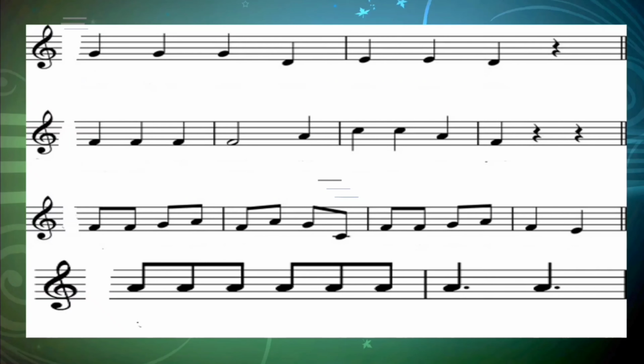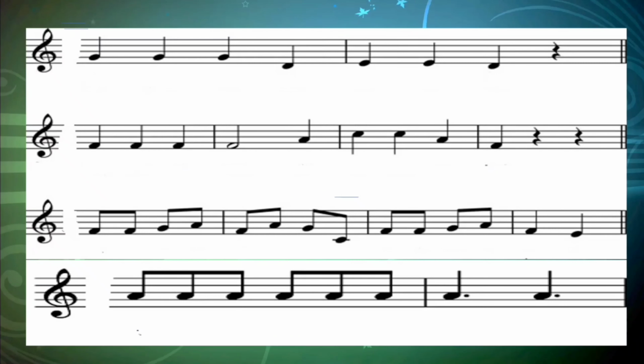Okay, so this is 4/4. Let's move on to the number 2 example. What is the time signature? Count the number of beats in each measure. So therefore it is 3/4, because it has 3 beats in each measure.